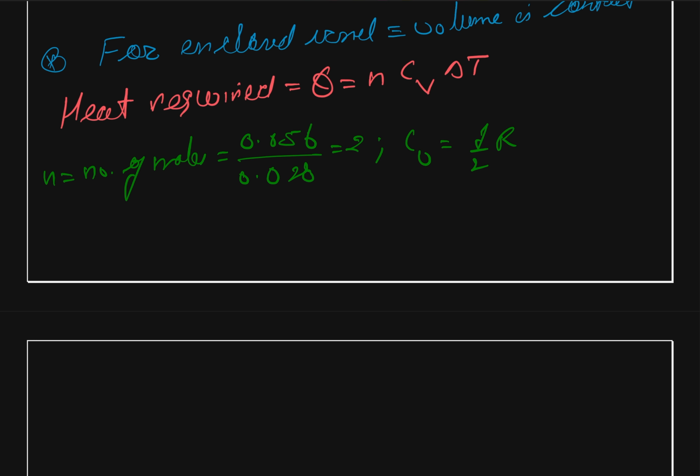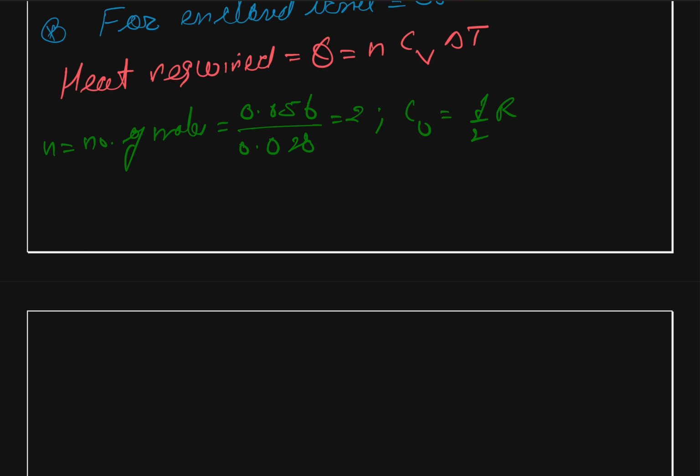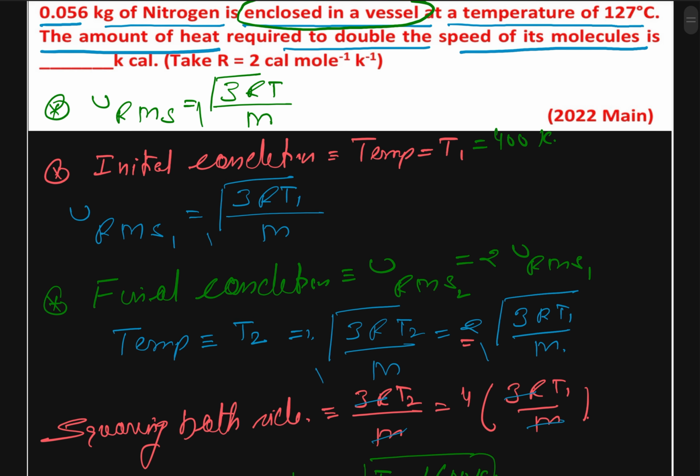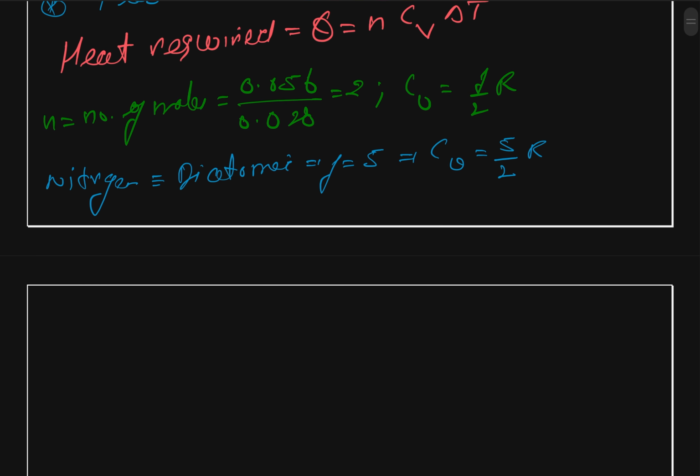So we know that nitrogen is diatomic, therefore the degree of freedom will be equal to 5, that is the value of F. Therefore C of V will be equal to 5/2 times R. And it is said that R is to be taken as 2, therefore we substitute the value of R as 2. So this 2 and 2 go away, so we get 5.